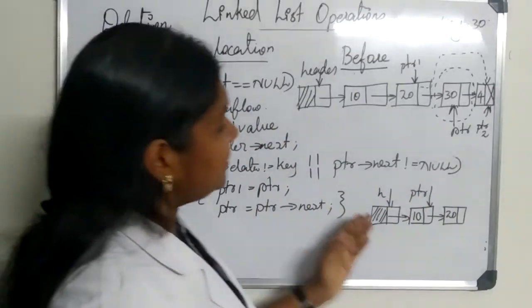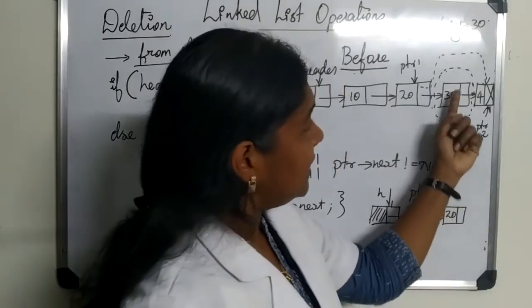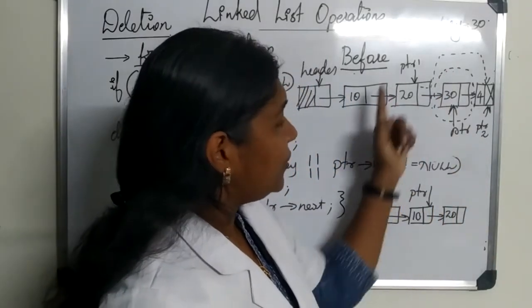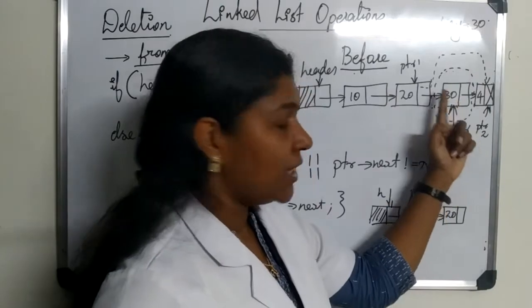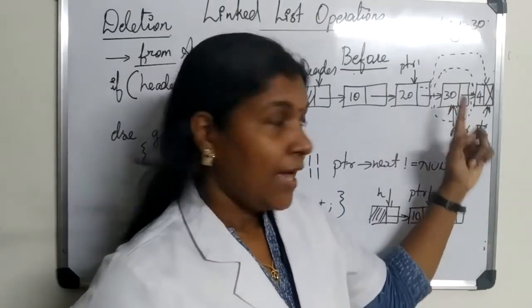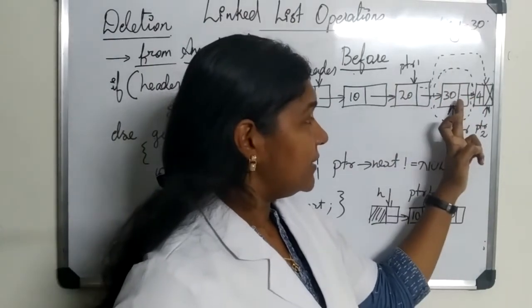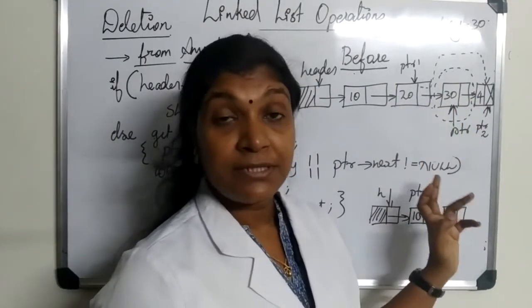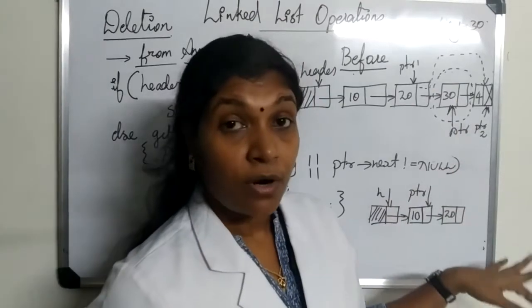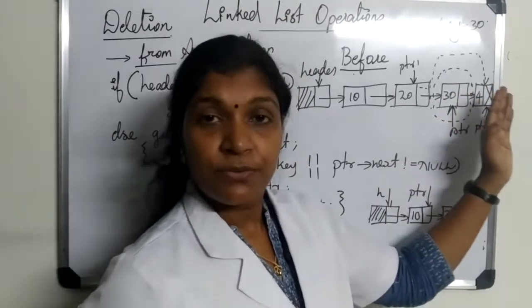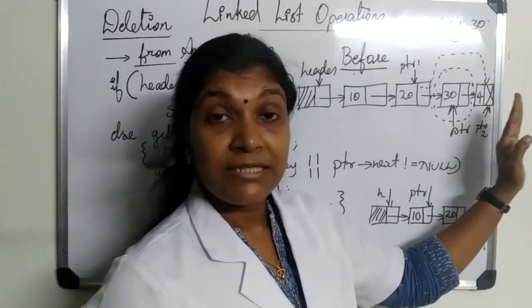Then next we are about to perform the traversal to make this ptr reach the node which contains element 30. And we need to consider two cases. Either it should reach the element 30 if that element is present, and if that element is not present, we need to stop our traversal by reaching the last node.